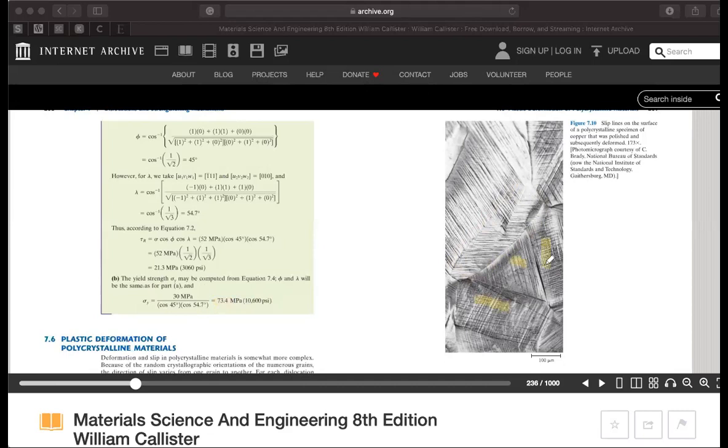Maybe the applied stress from outside will result in a critical resolved shear stress on a certain plane in this grain, but that value is still low enough that it does not activate any plane here.